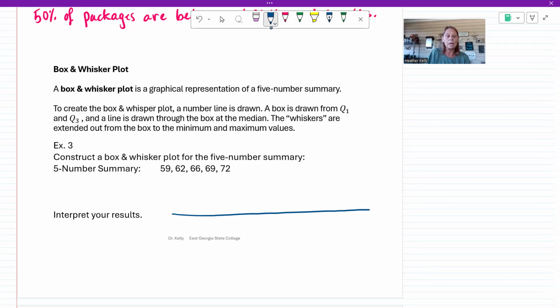All right, and what I typically do is I usually look by 5s, right? Because that's an easy way to set up a number line. So I'm going to set up my number line so that my smallest number is the closest 5 below 59. And my largest number is the closest 5 above 72.